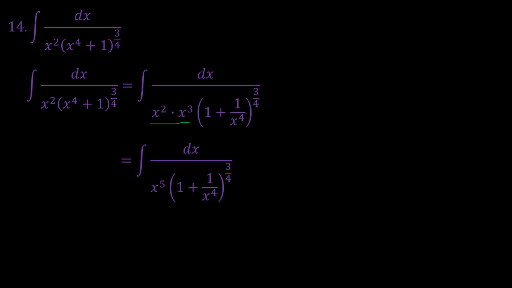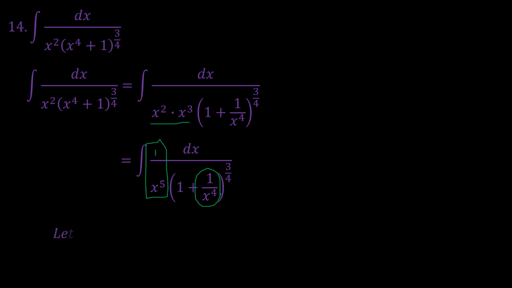Now, clearly I see that 1 over x to the power 5, because there is a hidden 1 up there, is the negative of the derivative of this part here, which now makes me enjoy this. This is very interesting.